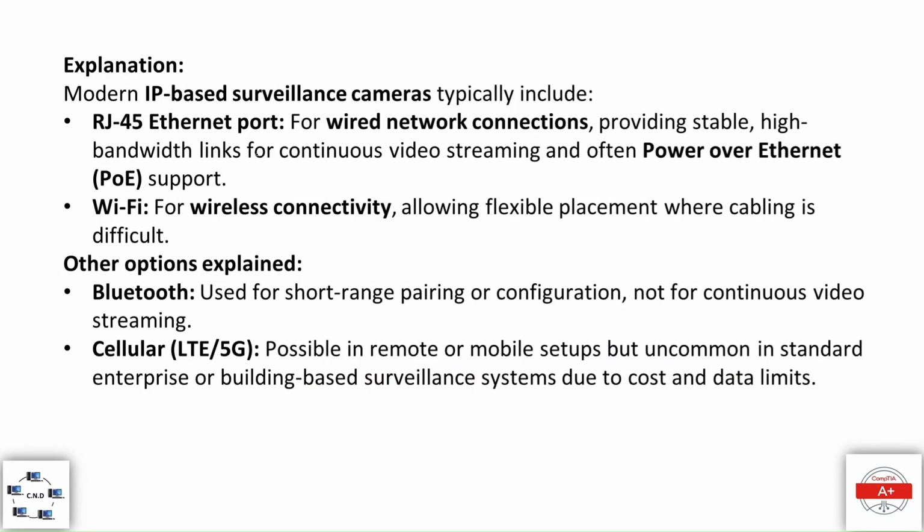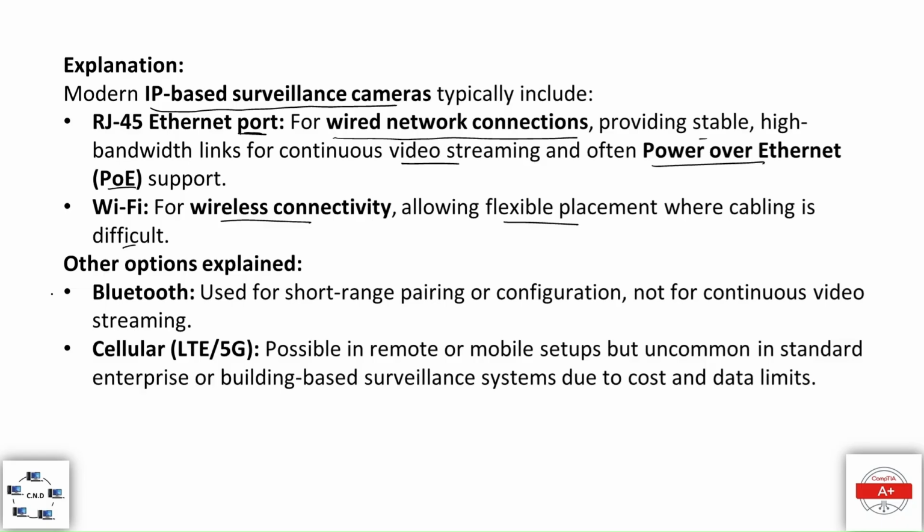And the explanation is, the modern IP-based surveillance cameras typically include an RJ45 Ethernet port for wired network connection, providing stable, high bandwidth links for continuous video streaming and often Power over Ethernet support. Wi-Fi is used for wireless connectivity, allowing flexible placement where cabling is difficult.